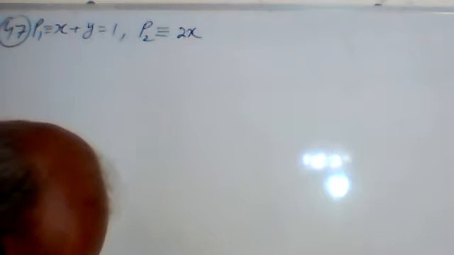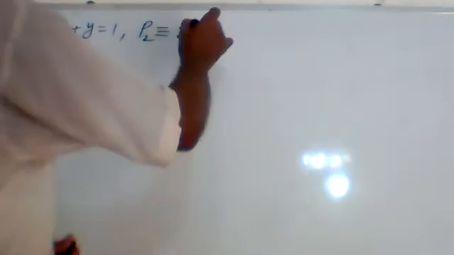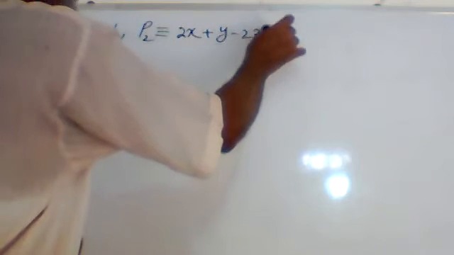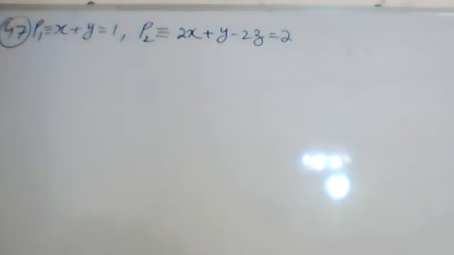These are the two equations of two planes. First plane is x plus y equal to 1. The second plane is 2x plus y minus 2z equal to 2.